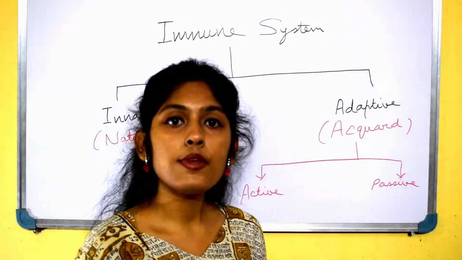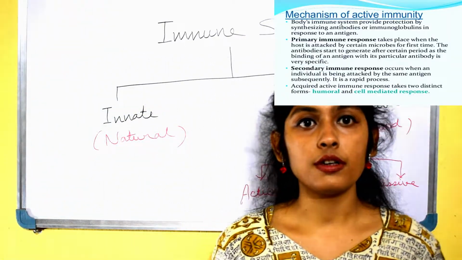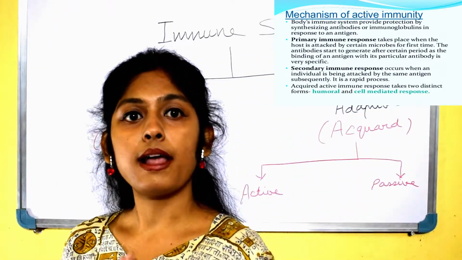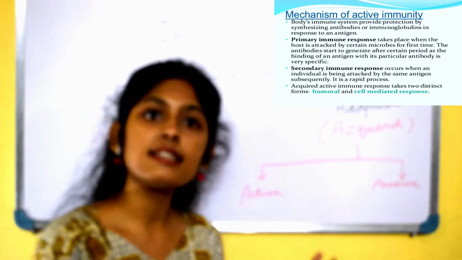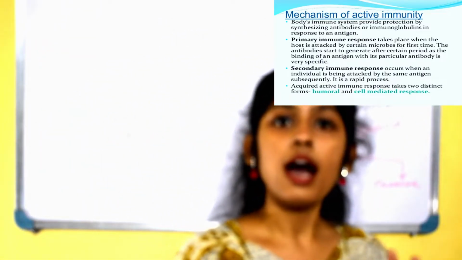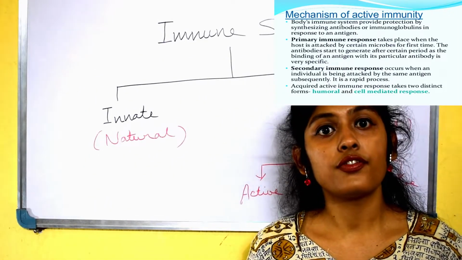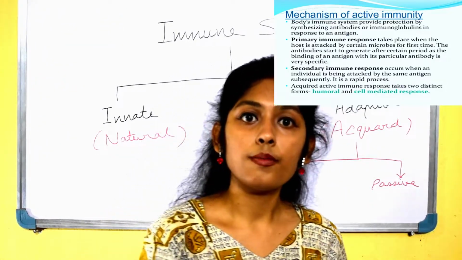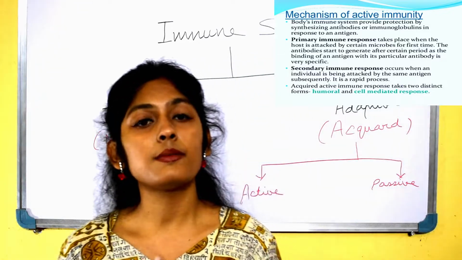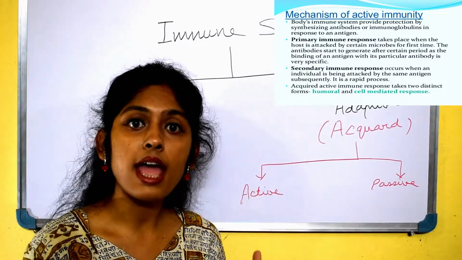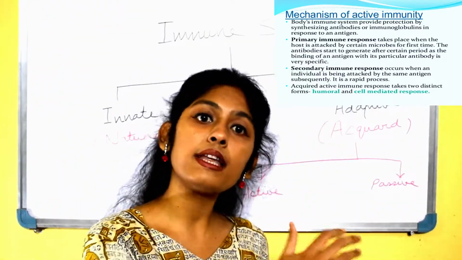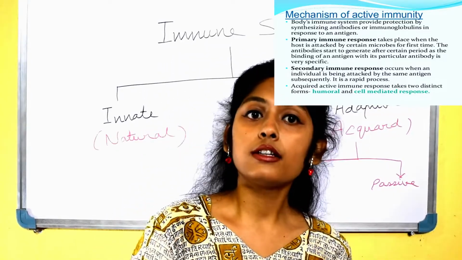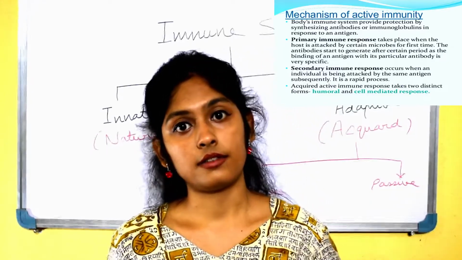The body's immune apparatus offers protection by synthesizing antibody by B lymphocytes and plasma cells and or by sensitized T cells in response to an antigen during the first encounter between the host and microbes. Antibody formation starts only after a latent period, which is attributable to antigen combining with any pre-existing antibody in blood and lowering the blood concentration level of antigen.